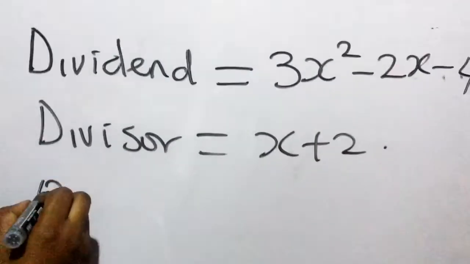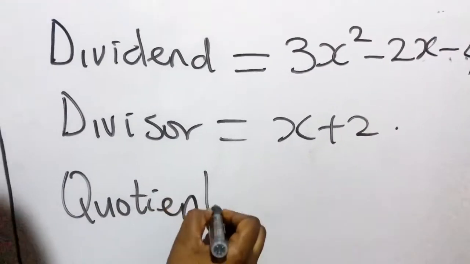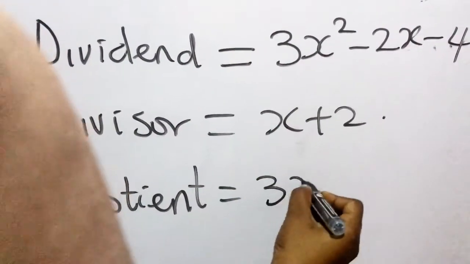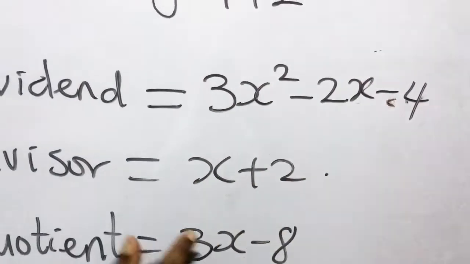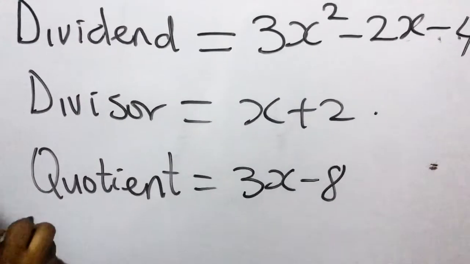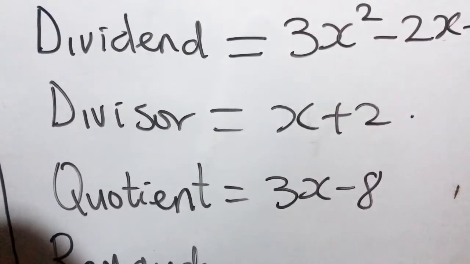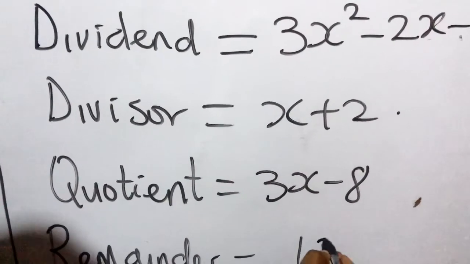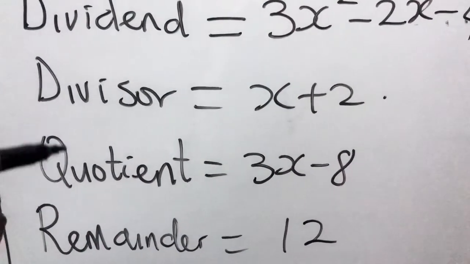The quotient, that is the answer gotten after division, is 3x minus 8. And the remainder is 12. So that is how to go about division of polynomials.